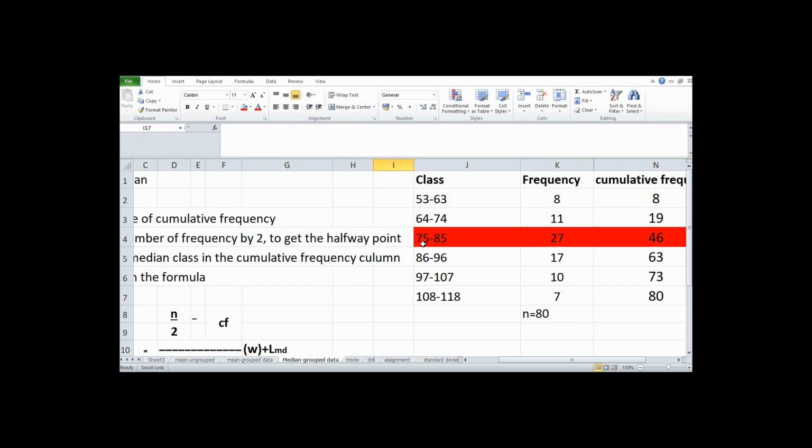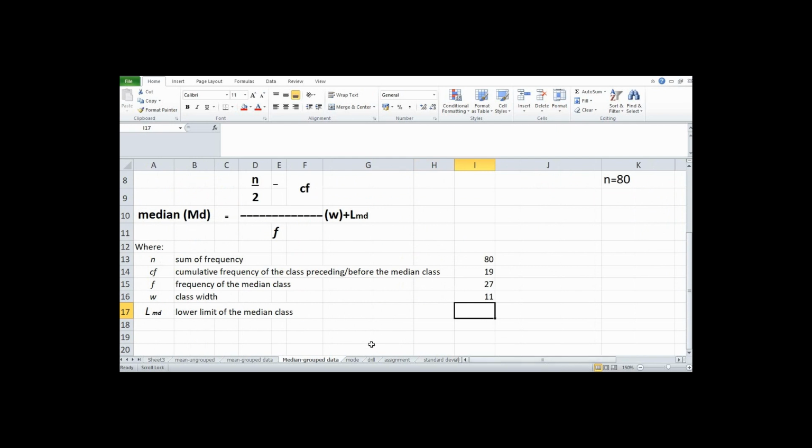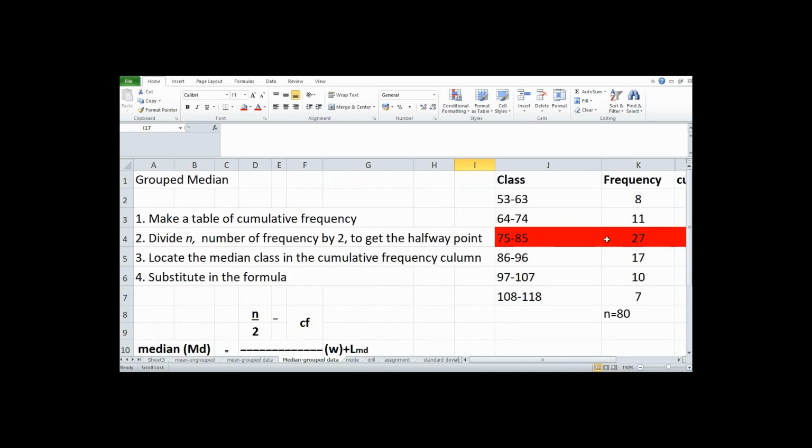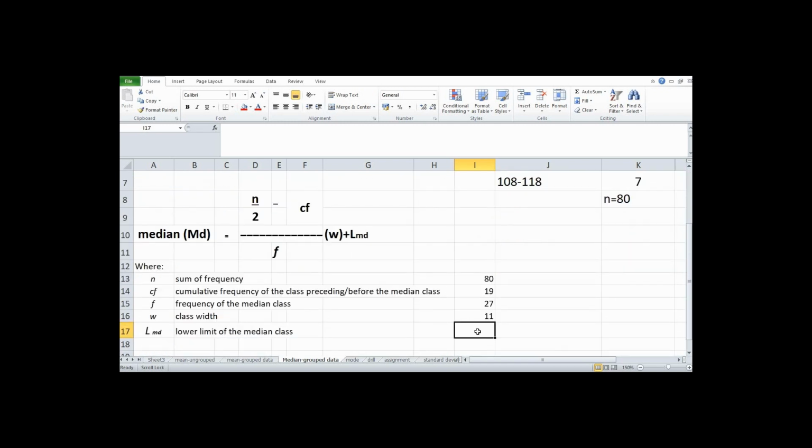We cannot choose the value of 85 because according to the definition, LMD is equal to the lower limit of the median class. So here is our median class and we need to find the lower limit. Here is the lower limit and here is the upper limit. So all we have to do is take the lower limit, which has the value of 75.